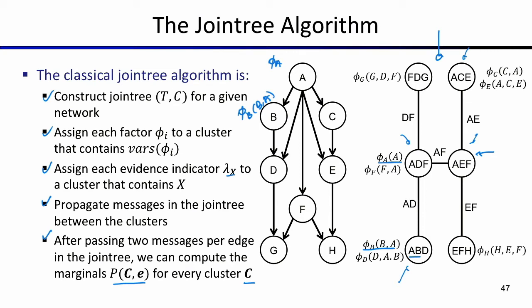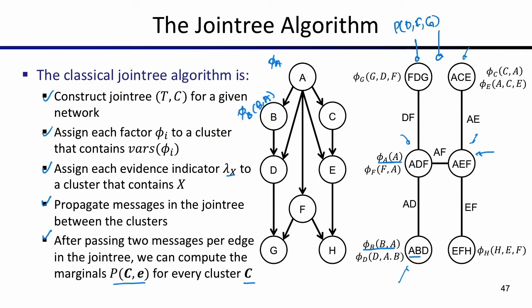The Jointree, and we haven't discussed this before, will be useful to answer multiple marginals, but those marginals must be over the variables in the clusters. So we will be able to answer something related to the probability, for instance, of D, F, and G. It can be D, F, and G, and also some evidence that we set here.